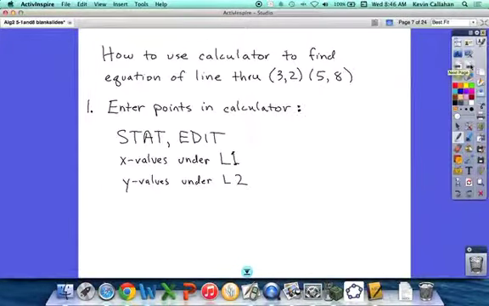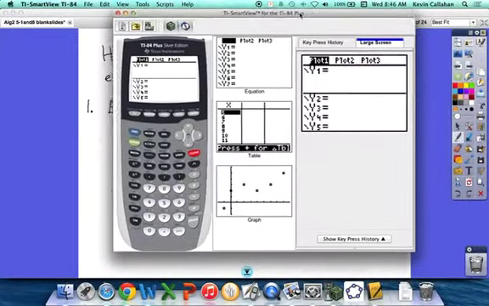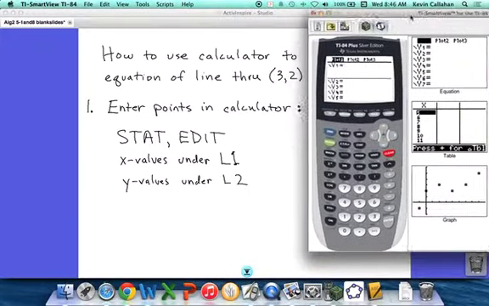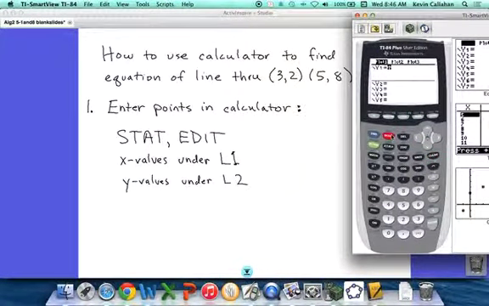Okay, so here's how we would do this. Same thing in the calculator. So if you got your calculator out, and just to make sure we're all on the same page, let's clear memory first. Do you remember how to clear memory?